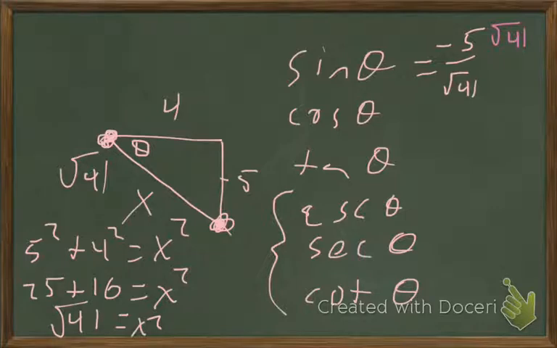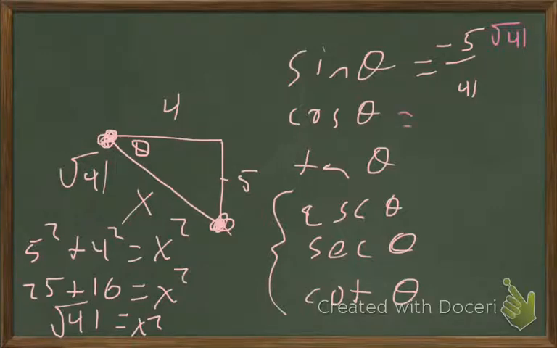Square root of 41 times the square root of 41 is just 41. So this square root actually goes away. So now we have just negative 5 times the square root of 41 over 41. And there's your answer for sine.